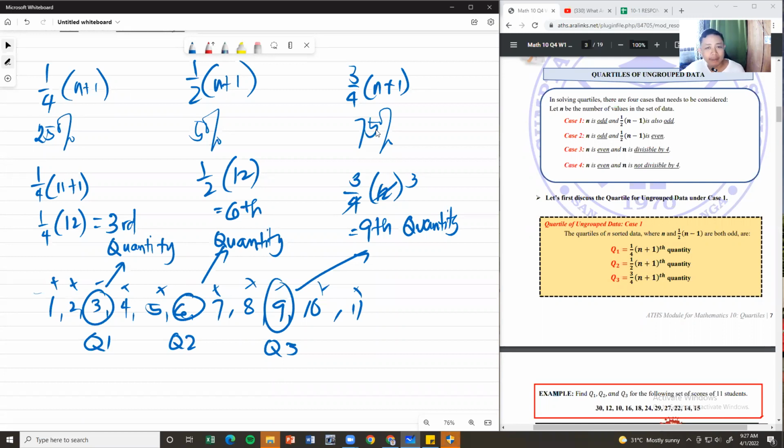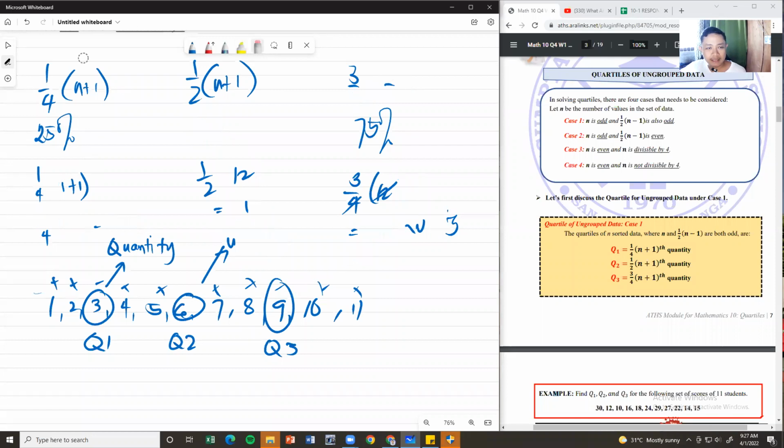Okay, no problem. Again, whichever makes you comfortable to solve this problem, it's okay. Except the simple copying of answers from others, maliban doon. Whichever method answered with integrity is okay with me. Thank you so much.